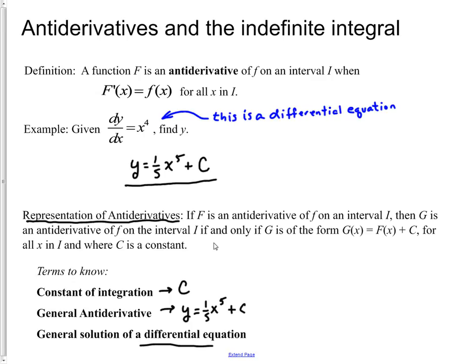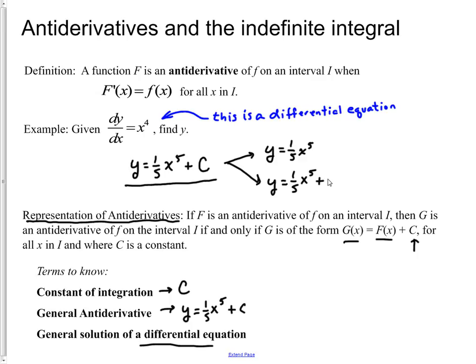Now, we do have a more formal result that tells us if F is an antiderivative of f, and G is also an antiderivative of f on the interval, so we've got two different functions, then G of x and F of x will only differ by a constant. That's what we're saying here, because we could take any constant. If the constant were 0, that would work, but it would also work if y was equal to 1/5 x to the 5th plus 100.